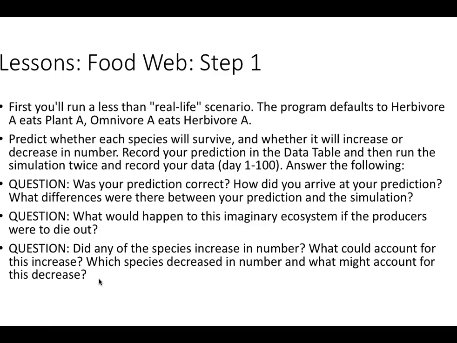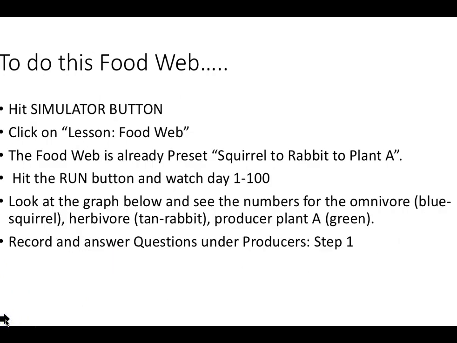And as soon as their numbers go down, you can have the other numbers go up. So when you start to see the graph going up and down for the three, look to see: is it because of the rabbits eating the plants? Is it because of the omnivore eating the rabbit? And so forth and so on. Those are what they're trying to have you grapple with.